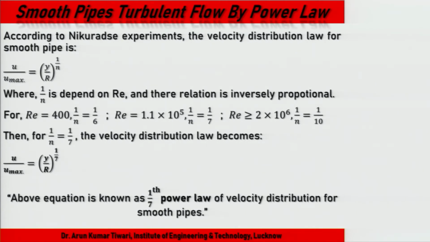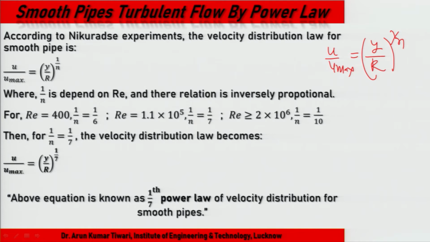According to Nikuradse's experiment, the velocity distribution law for the smooth pipe: all these correlations were taken from Nikuradse's experiment, and he saw that the velocity u upon maximum velocity is (y upon r) power 1 upon n. This is the exponent.